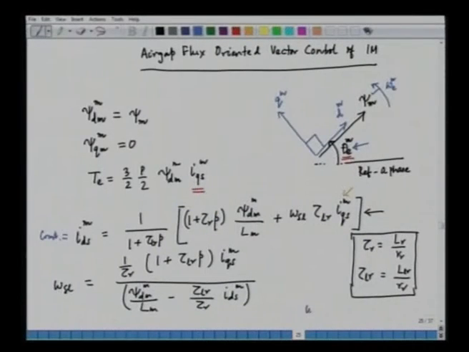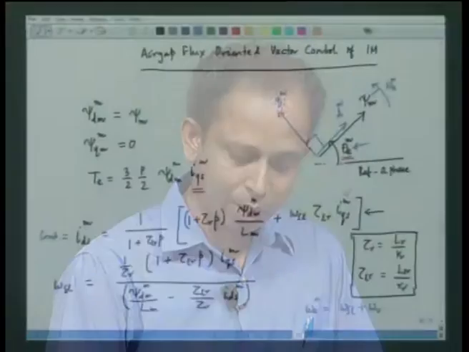And omega E m is obtained in the following fashion. If you want to find out omega E m, that can be obtained by adding the slip speed with the rotor speed. The rotor speed can be measured using an encoder or a speed sensor, and the slip speed can be calculated using this equation.